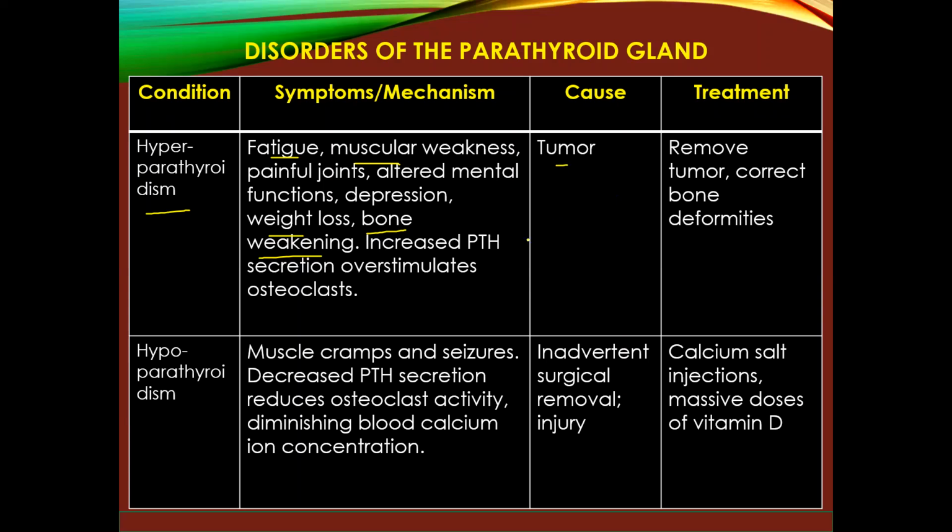Tumor, okay, maybe this is the main cause of higher production of PTH. If it is lower production, then it might cause muscle cramps because we have too little calcium in the blood. It can cause muscle cramps, seizures.